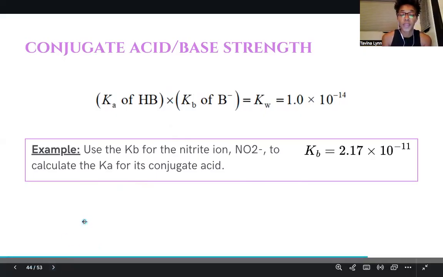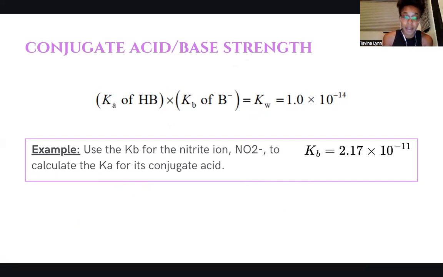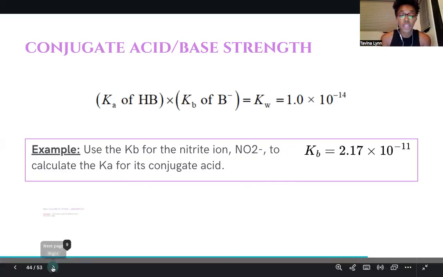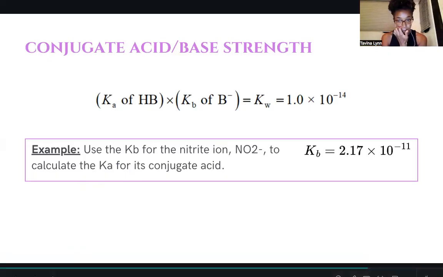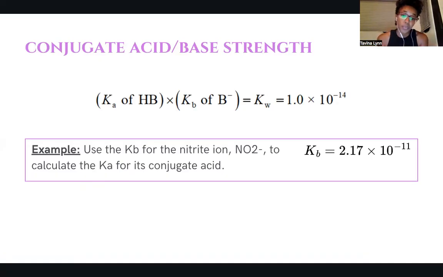So if we have nitrite ion dissociated in water, its conjugate acid forms, as well as hydroxide ions.